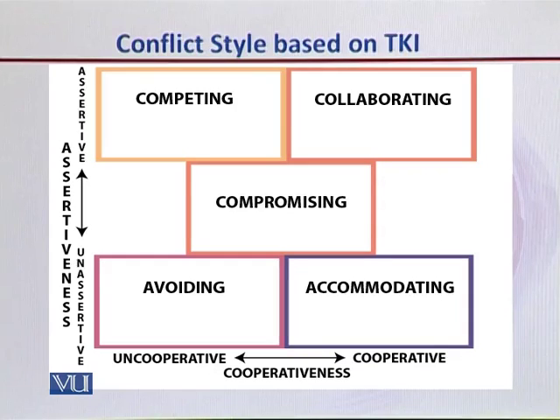Everybody cooperates, everybody asserts, and makes themselves heard. In the middle somewhere, 50-50 is compromising. You meet halfway and you compromise. So those are the 5 conflict styles, but you must take the instrument and find out what style you predominantly possess and therefore work with.